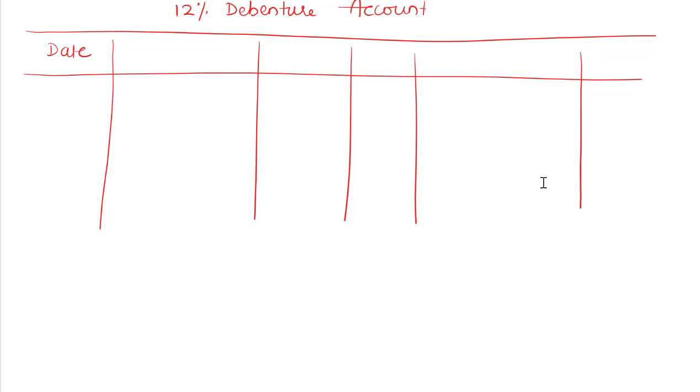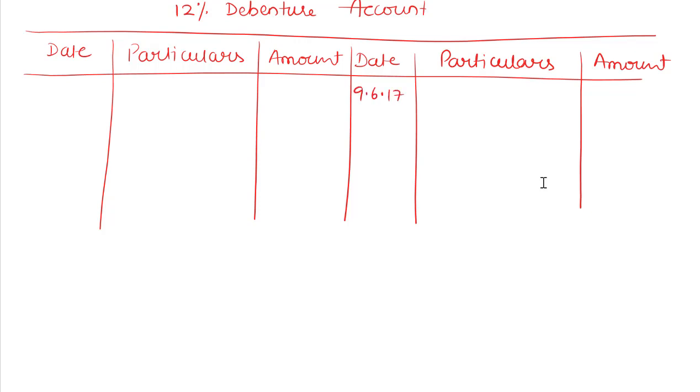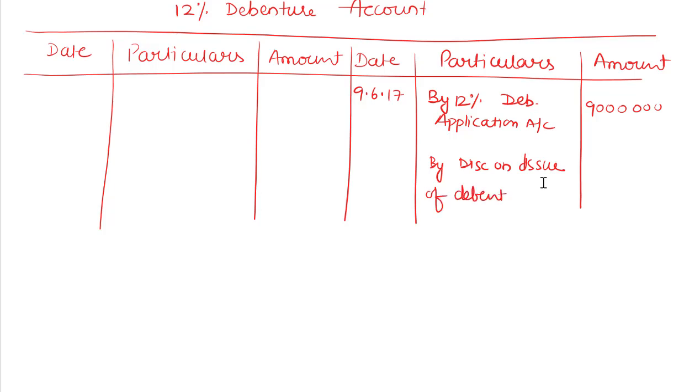Date, particulars, amount. By 12% debenture application. By discount on issue of debentures.